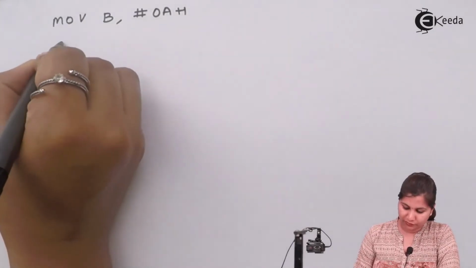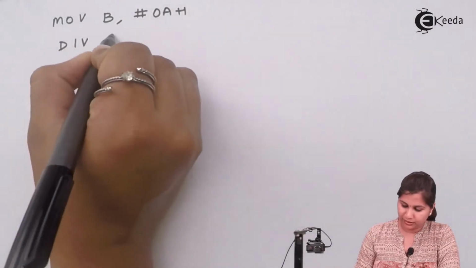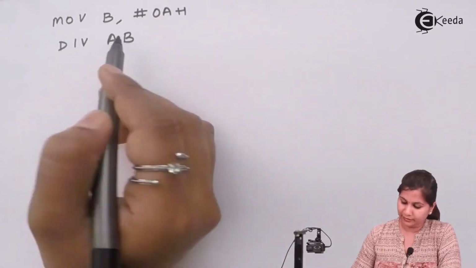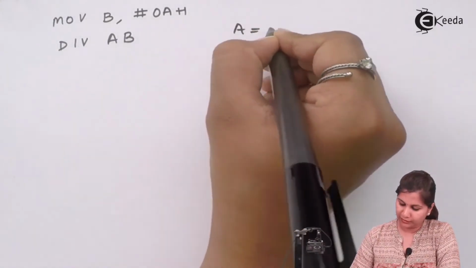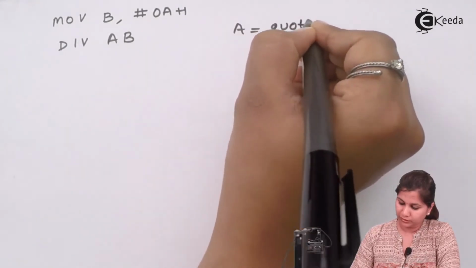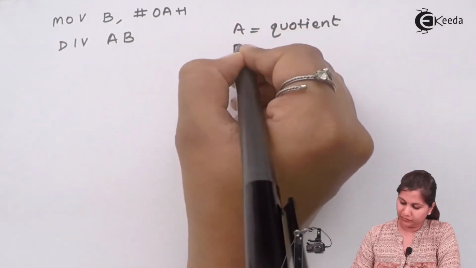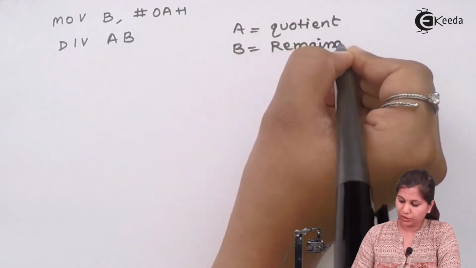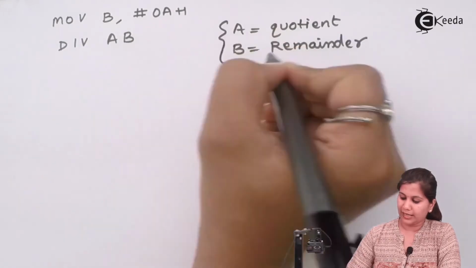For division we will use the instruction DIV AB. When these two are divided, in A we will get the quotient and in B we will get the remainder. So we can check these two registers to find out the average.